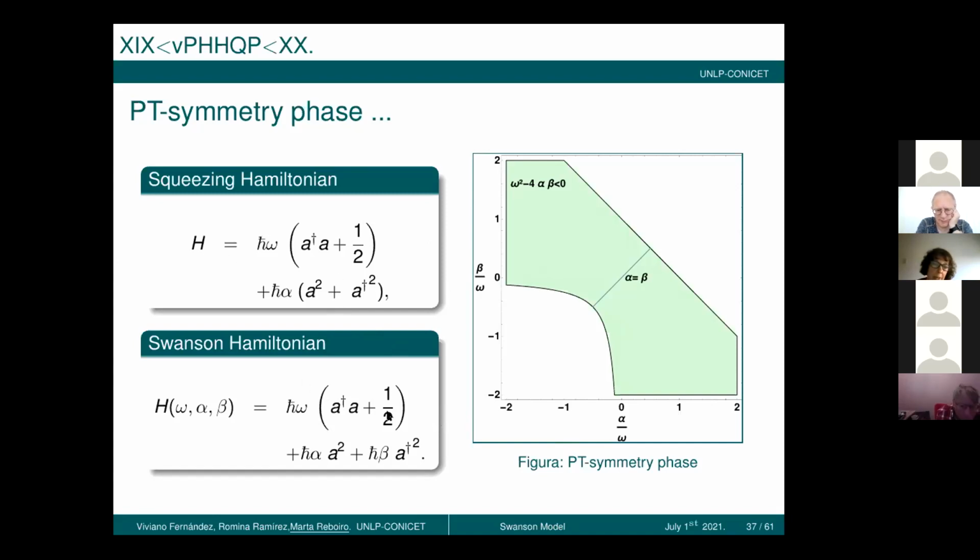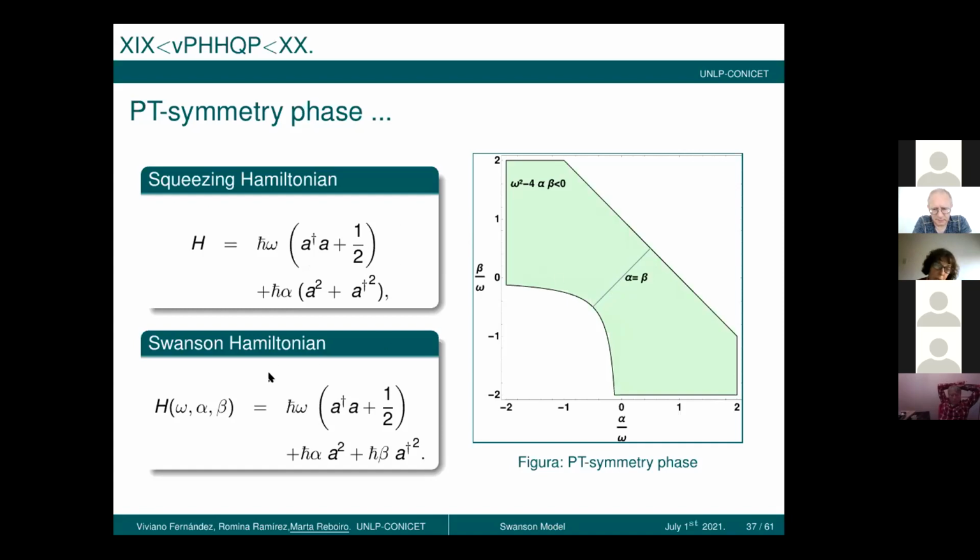And we say, well, the original Hamiltonian is the Hamiltonian of the squeezing, and we know that it has an analytic solution when, in this region, we can map these operators to an SU(1,1) group, and for these values we have analytic solutions of the Hamiltonian.